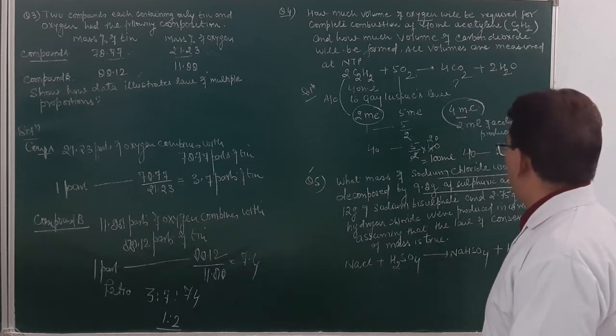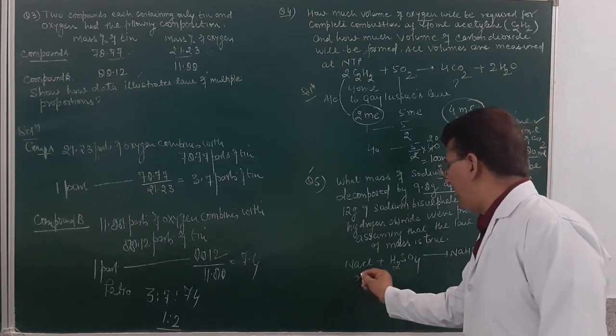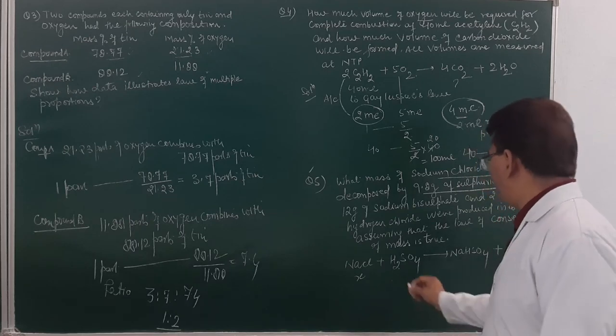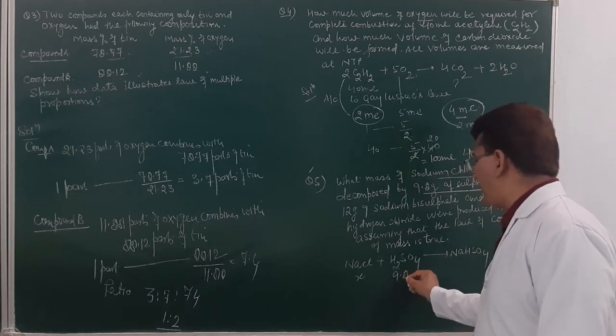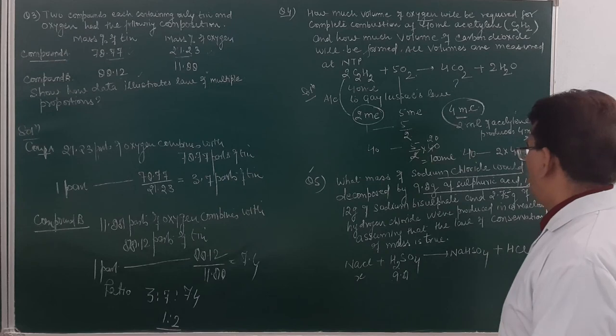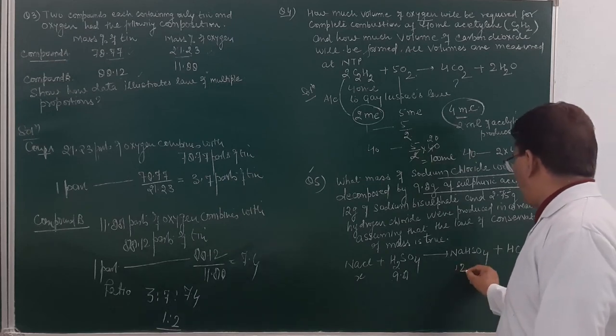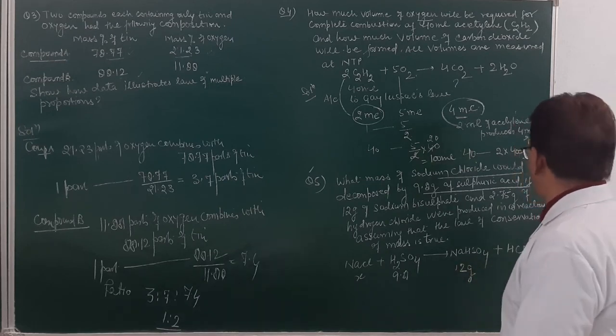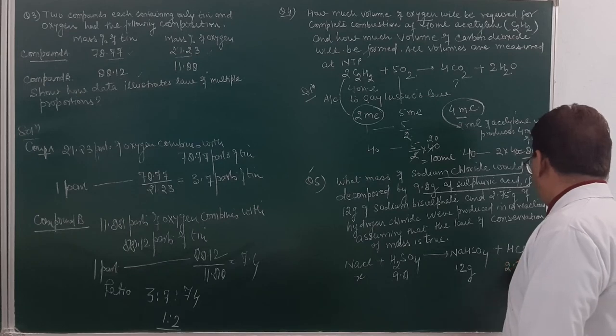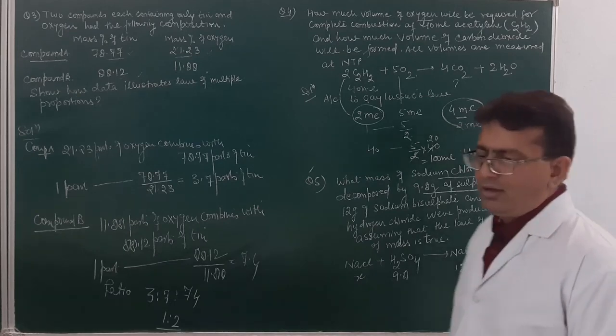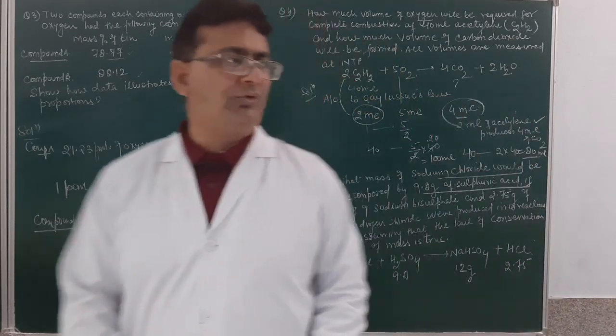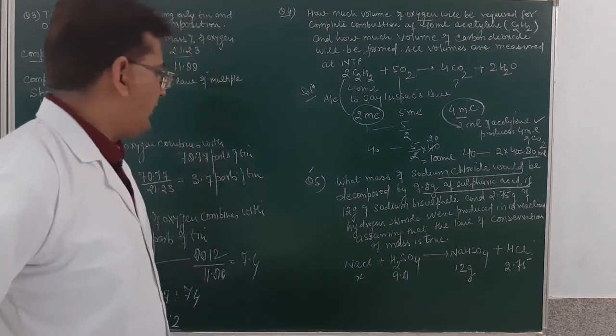My question is, what mass of sodium chloride, let it be X, would be decomposed by 9.8 gram of sulfuric acid to produce 12 gram of sodium bisulfate and 2.75 gram of hydrogen chloride.